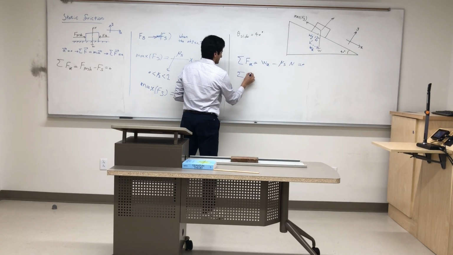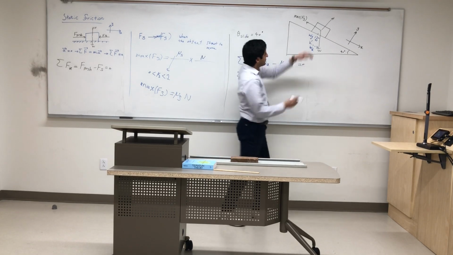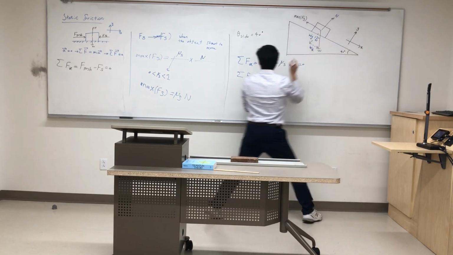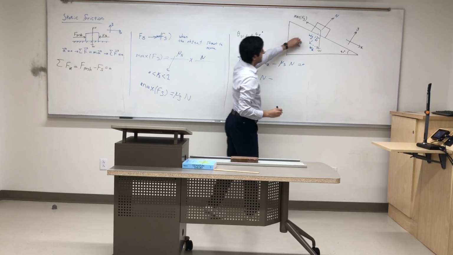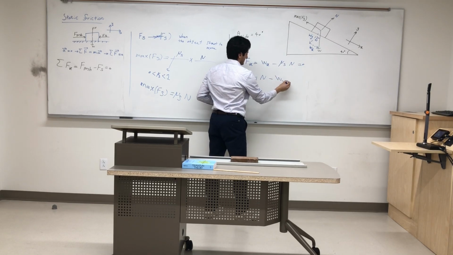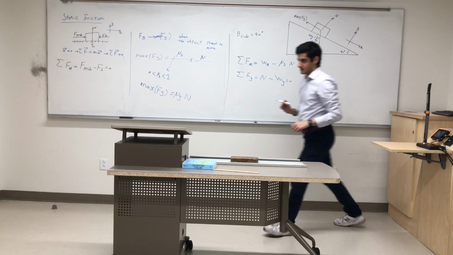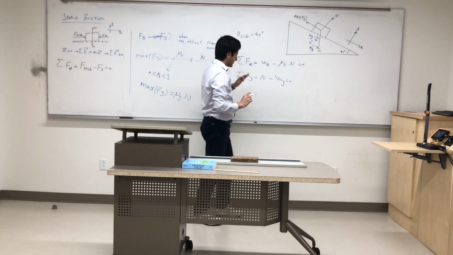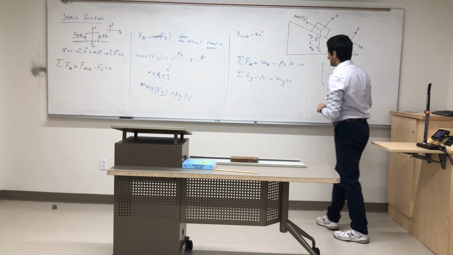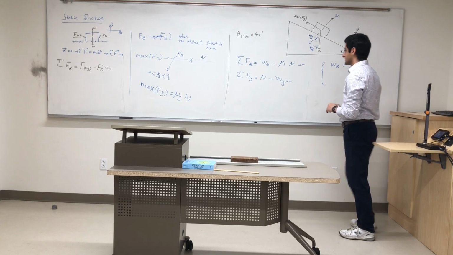For the y direction, I have normal force upward and the y component of weight down. This is equal to 0. If I rearrange these two equations, I will have this. The weight in the x direction is equal to mu s N, normal force.